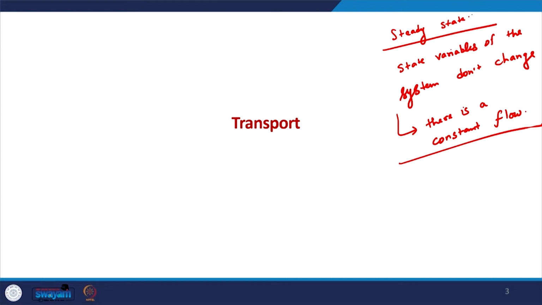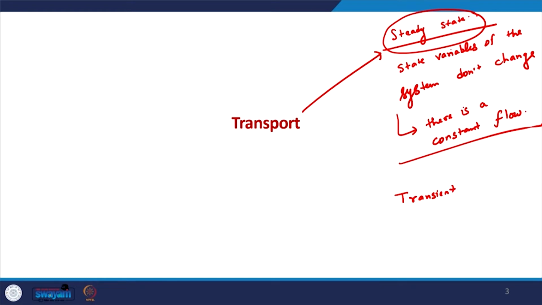So the steady state is quite important in devices because that is the state when current is flowing through the device, and that is also the state in which the idea of transport is generally studied. There is one more state which is known as the transient state. In the transient state, the state variables are changing, going from initial values to final values.